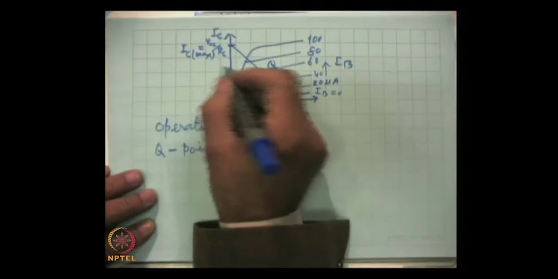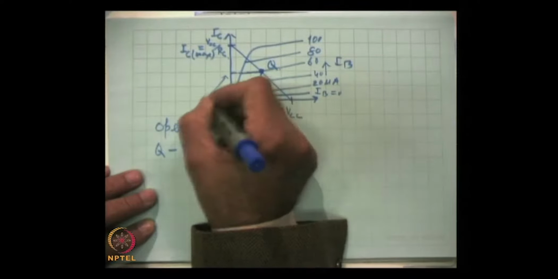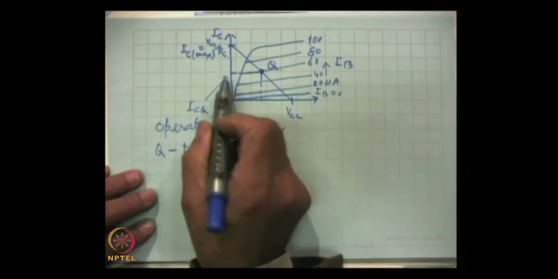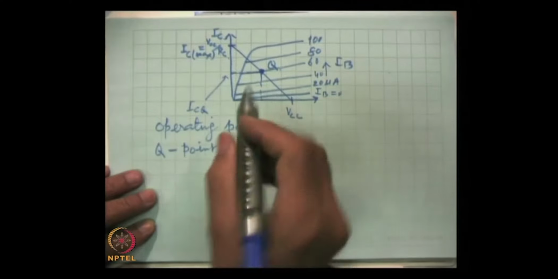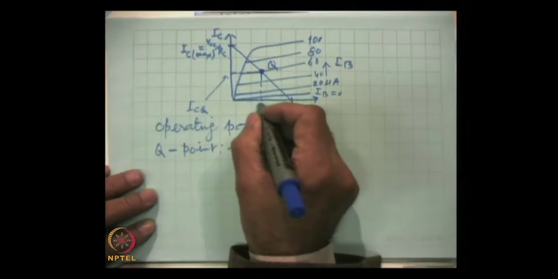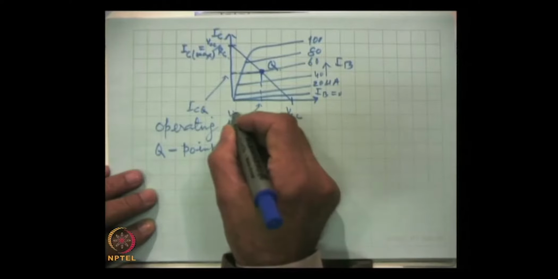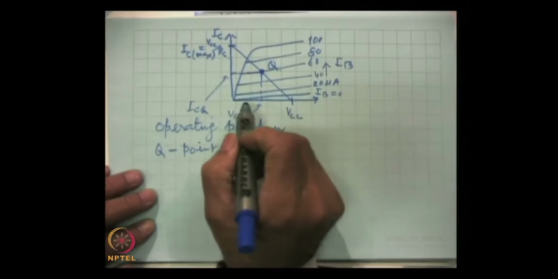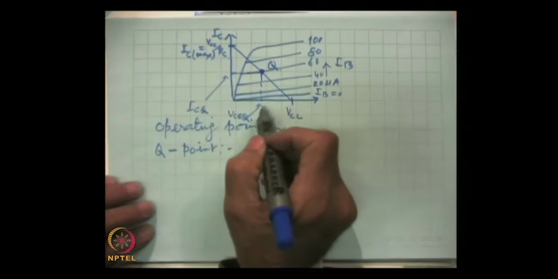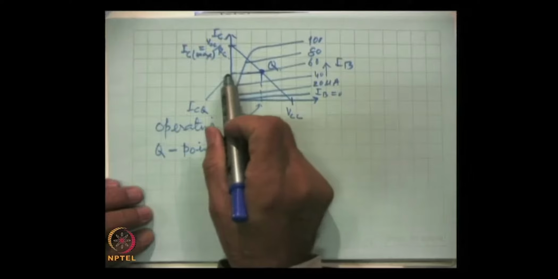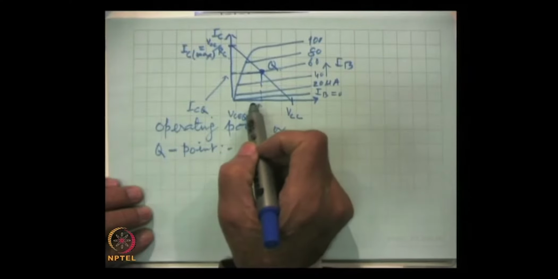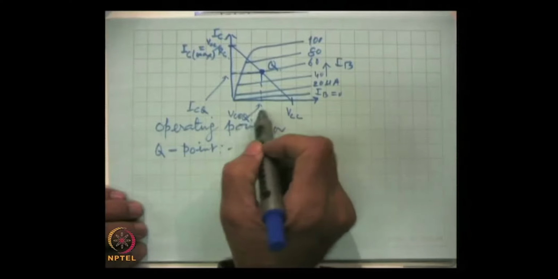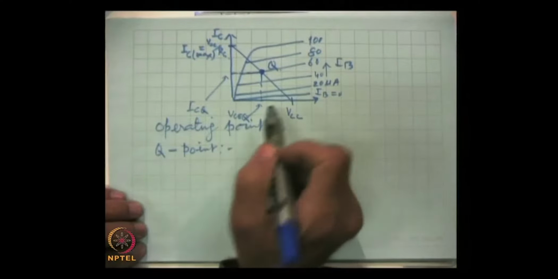This is called ICQ, the collector current at the Q point, and similarly this is called VCEQ. These are the Q point values for the collector current and the voltage drop across the transistor, the collector and emitter junction, that is VCEQ.